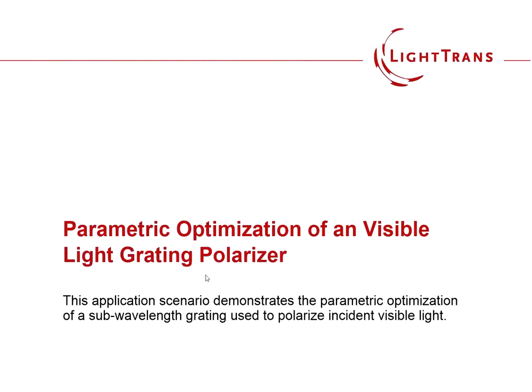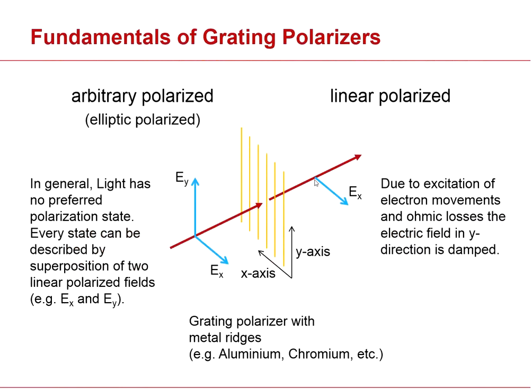So the last part, the last example, will be now the parametric optimization of a visible light gradient polarizer. Yes, so in this example, we consider the optimization of a grating, and the purpose is to really polarize incident light, which is, let's say, elliptically polarized.